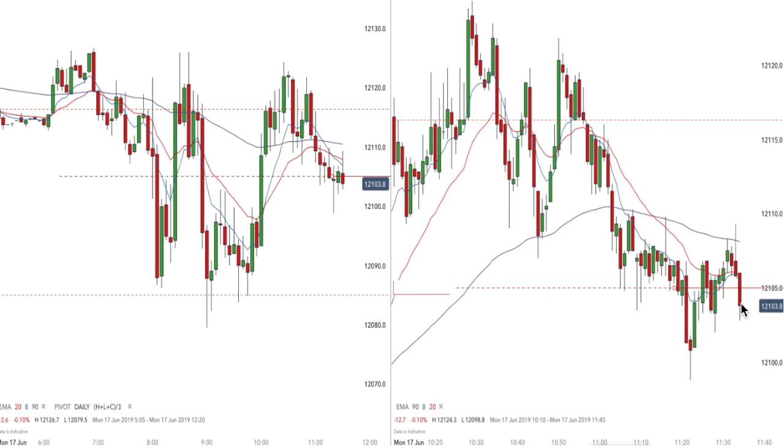So the market's moving down again now towards the 12,100 level, keeps rejecting off that level, but it's still moving down. So we persevere.